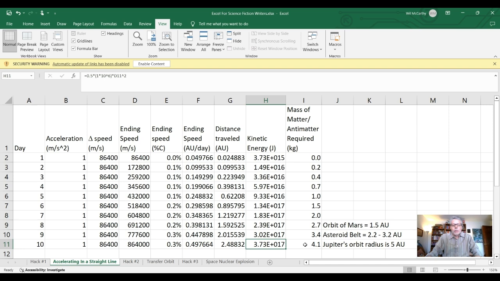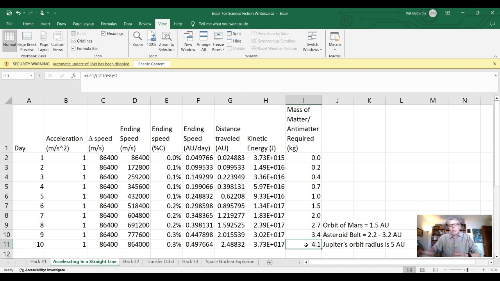That means, of course, that m equals E over c squared. So this is our kinetic energy divided by the speed of light squared. And again, the speed of light is 3 times 10 to the 8th meters per second. So this tells us that we need to consume 4.1 kilograms of mass.